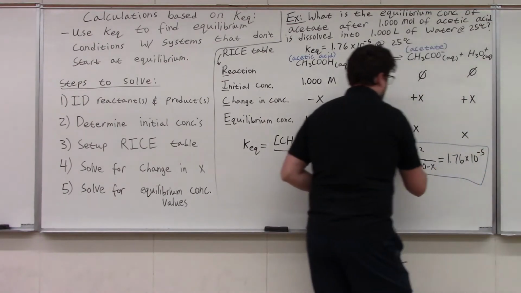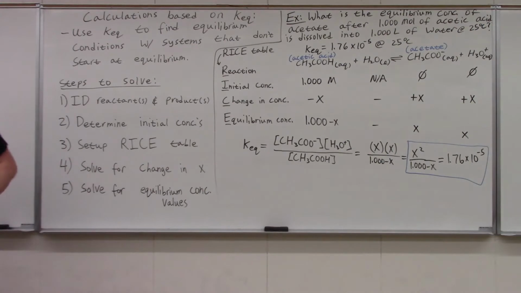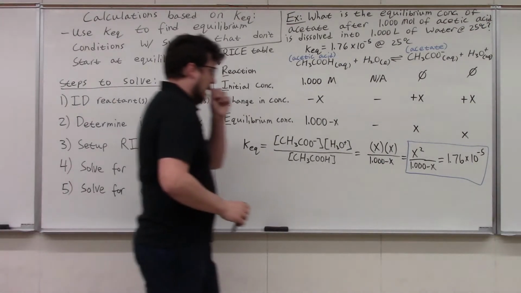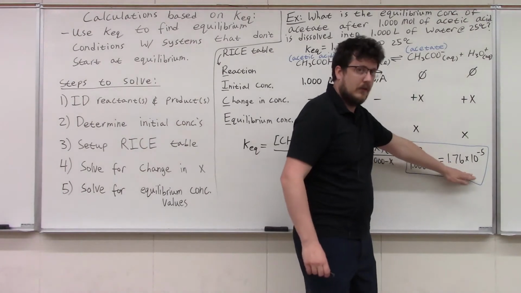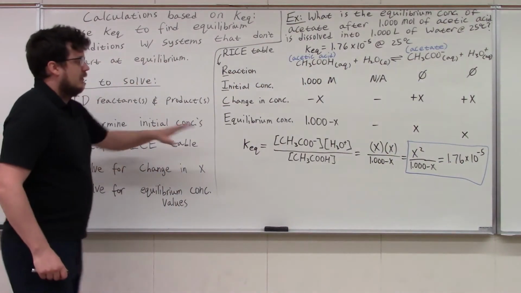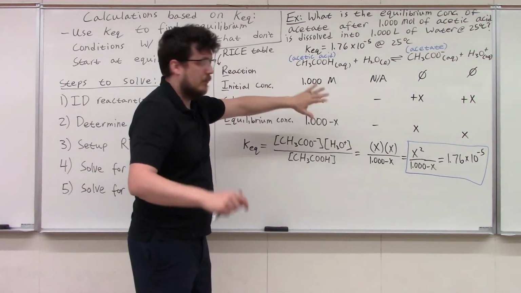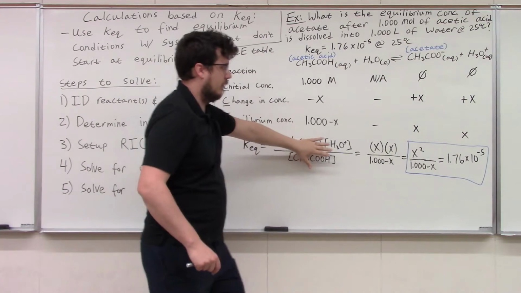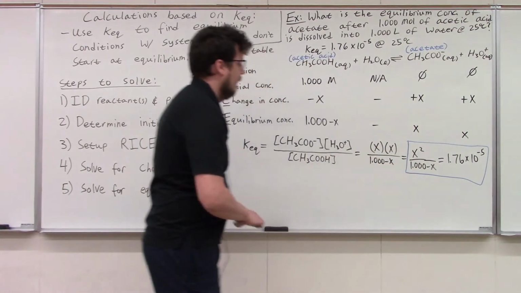Everything we did before was to just get that set up. We've got some conglomeration of x's equals the number from the table. Being able to go from here to here, very important. And then we get into the math.